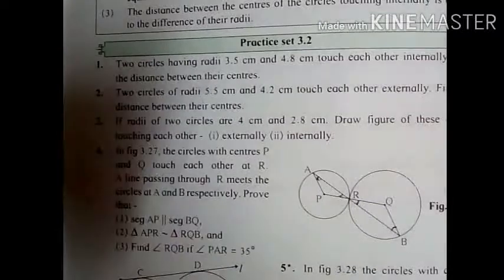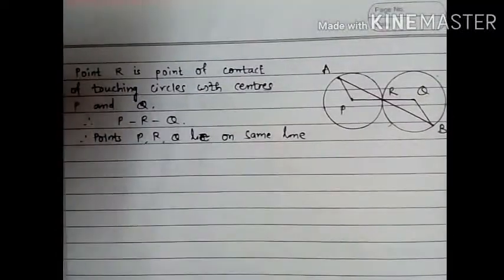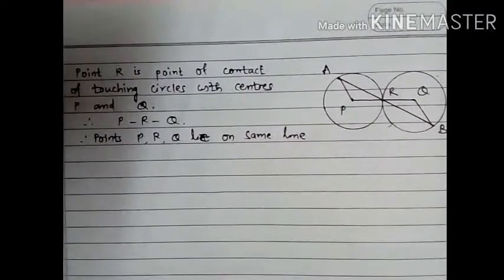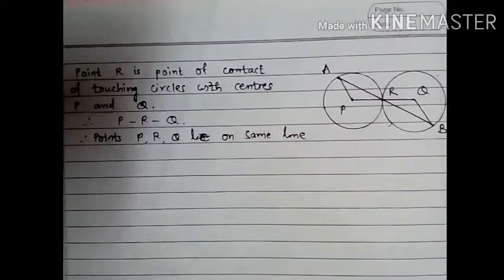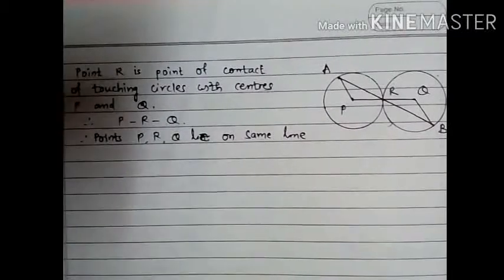Now see here. In the figure, the circles with centers P and Q touch each other at point R. Therefore, point R is the point of contact of the touching circles with centers P and Q. Therefore, points P, R, Q lie on the same line; they are collinear points.